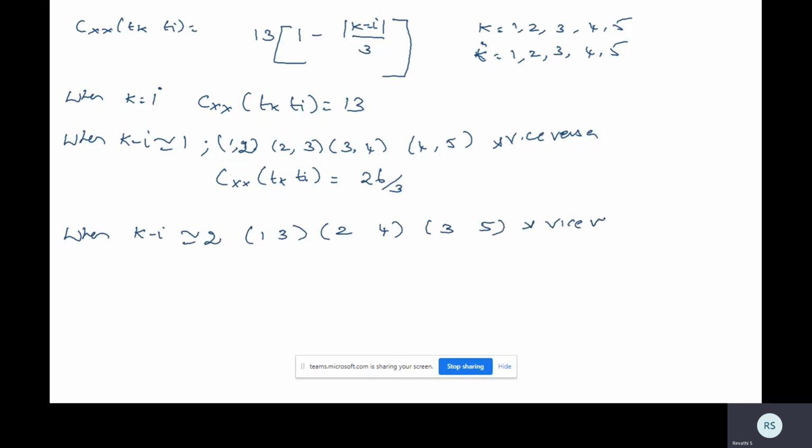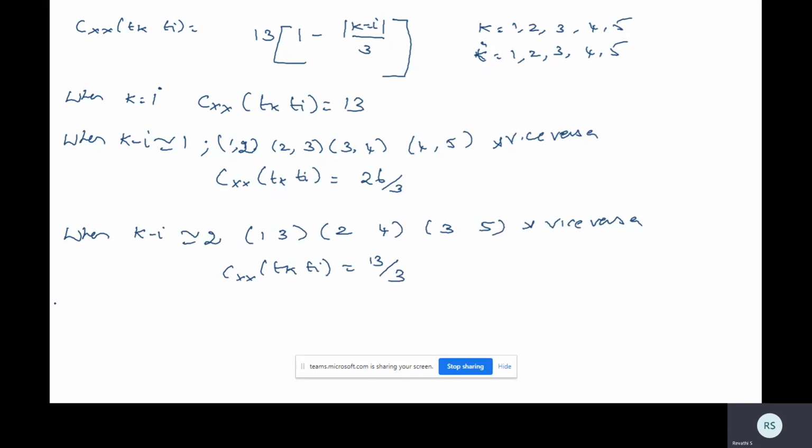That is, I can be 1, K can be 3, I can be 2, K can be 4, I can be 3, K can be 5. Under these cases, K minus I modulus, the difference is 2. So this becomes 2 by 3. 1 minus 2 by 3 will give you 1 by 3. So Cxx of Tk comma Ti will become 13 by 3 under this case.